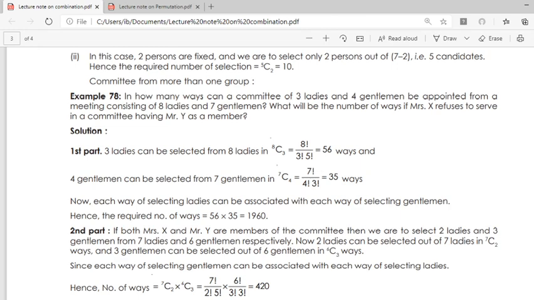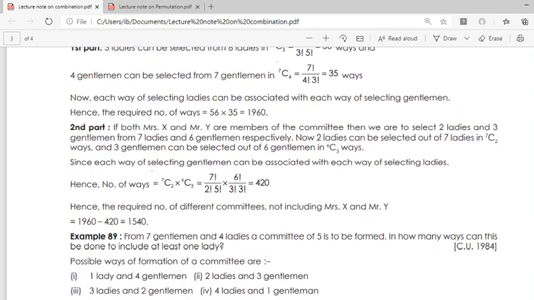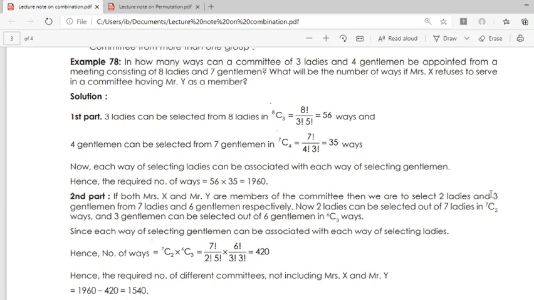Now, the second part of the question: both Mrs. S and Mr. Y are members of the committee. Then we are to select 2 ladies, because you already have Mrs. S included, and 3 gentlemen, because Mr. Y is included, from 7 ladies and 6 gentlemen respectively.